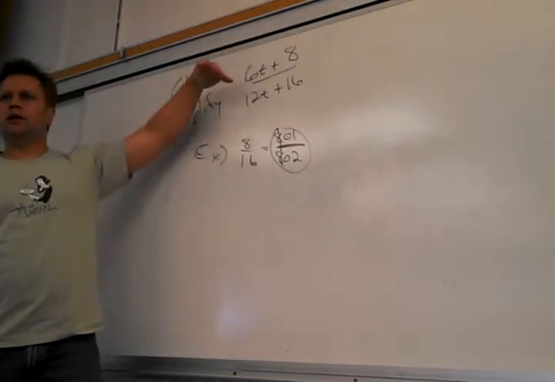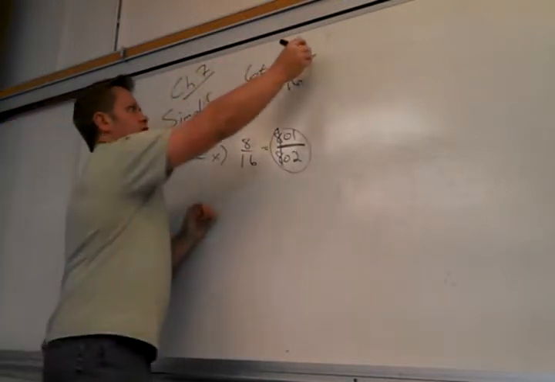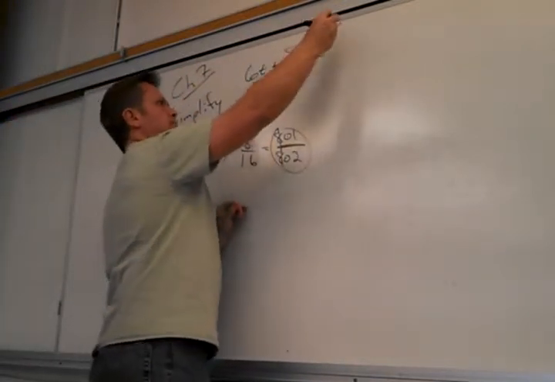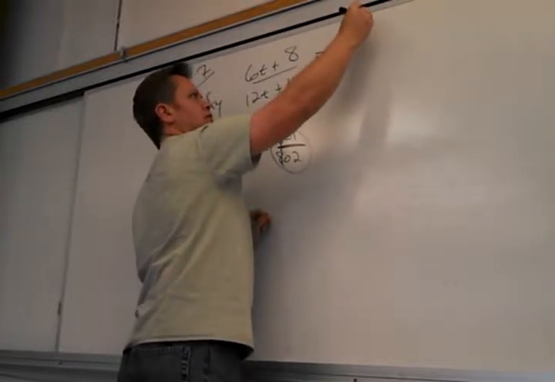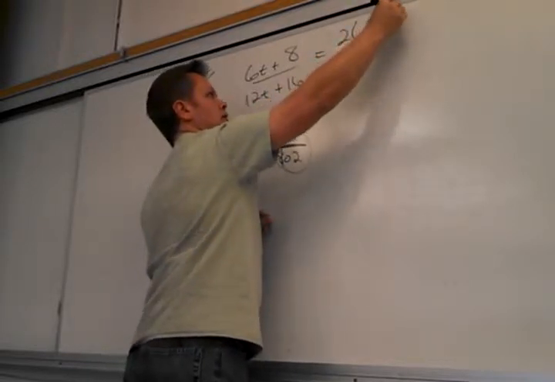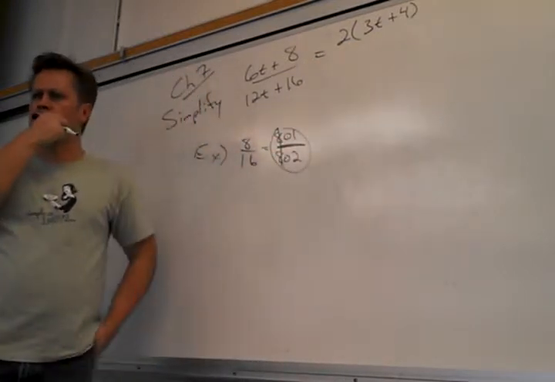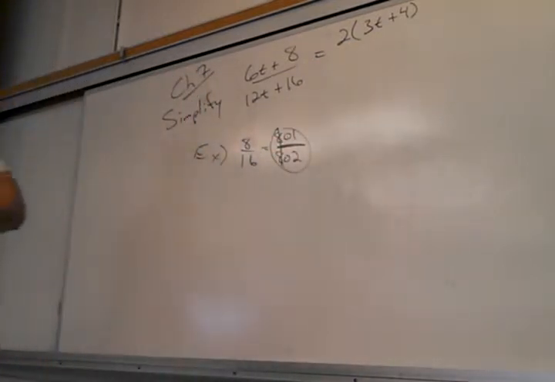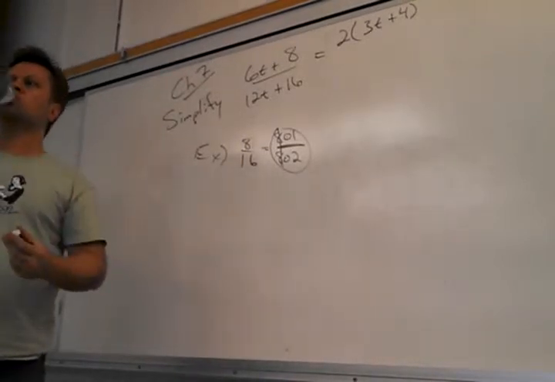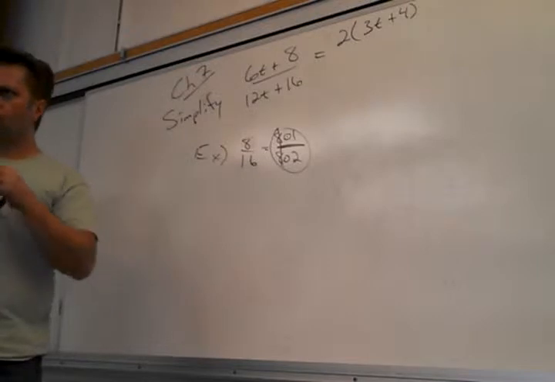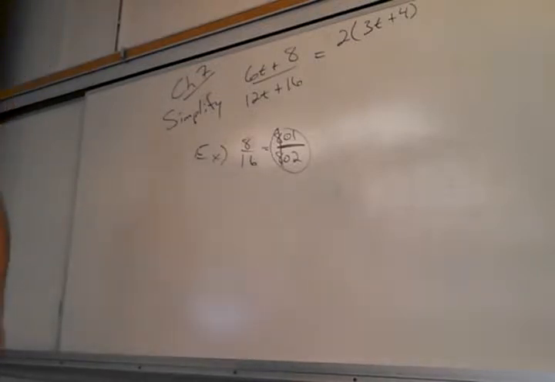These aren't numbers now. These are variable expressions that represent numbers. So how do you factor the top? A 2 comes out. Could you factor it as 6 times 1 times t plus 4 times 2, and divide by, you know.